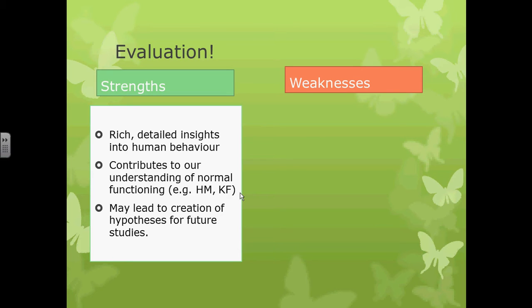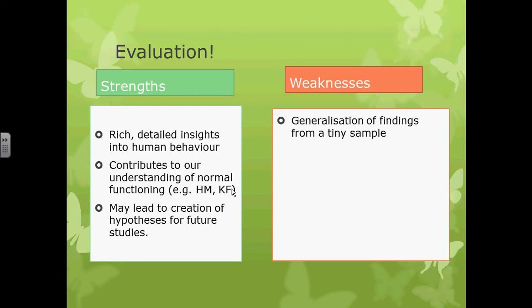It can lead to the creation of hypotheses for future studies. It can shed a light on a particular phenomenon that hasn't yet been studied. It can say, well, actually, if this isn't functioning properly in this way, then maybe we're looking at normal functioning in the wrong way. So it can give us quite a lot of insight into different things.